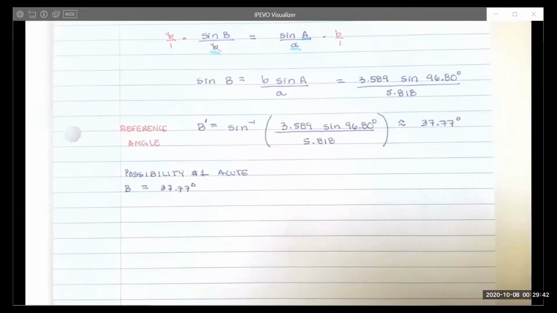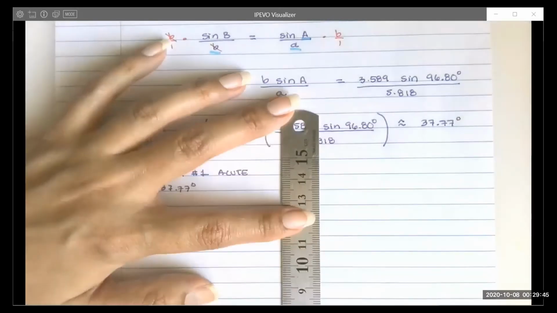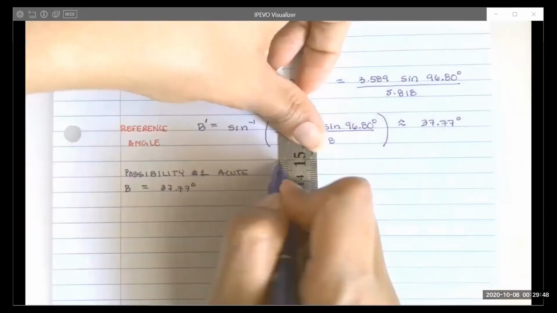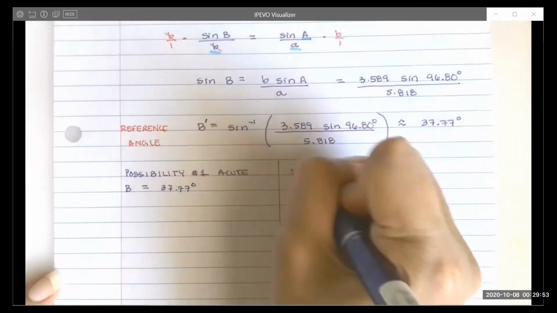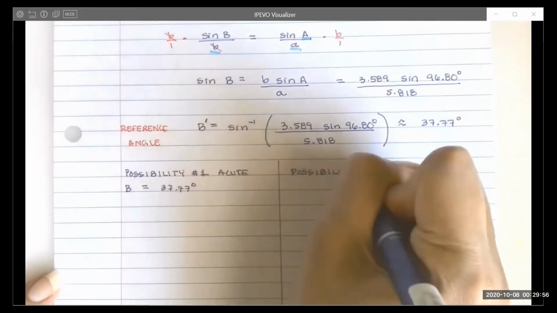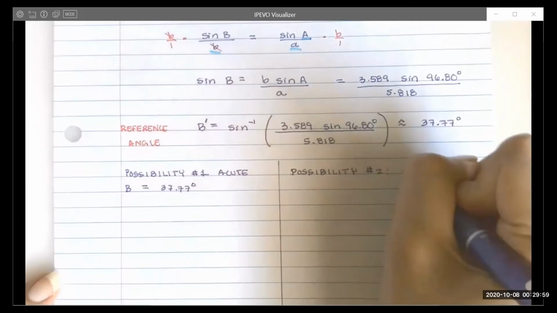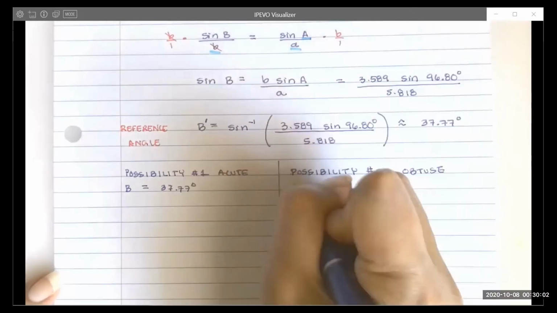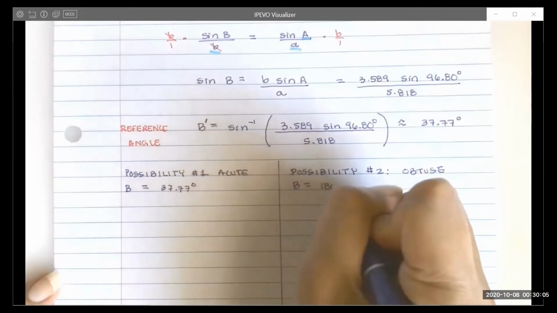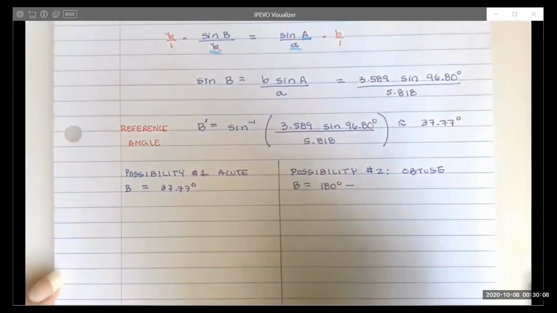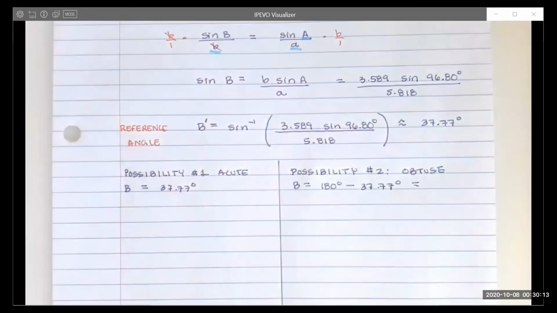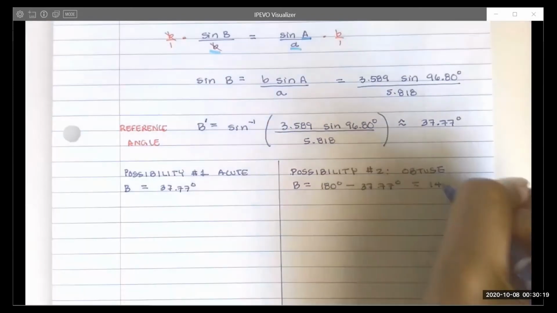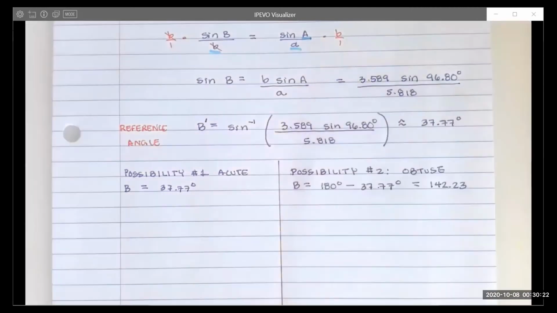And then we also have to consider the obtuse possibility, in which case angle B is going to be given by 180 minus the reference angle, so 180 minus 37.77, which is 142.23 degrees.